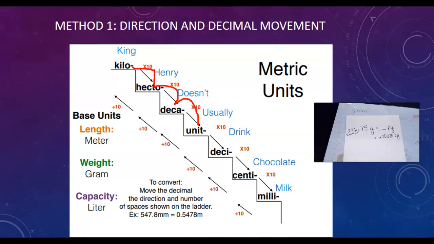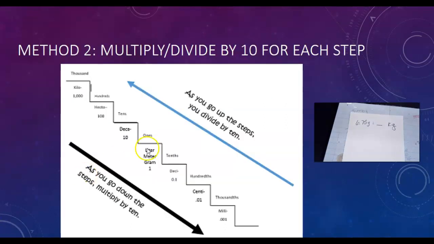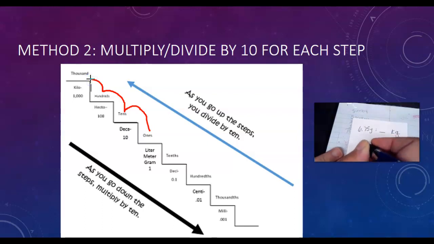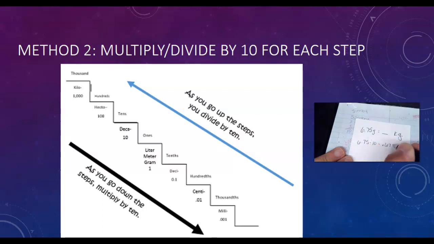If we're using method 2, we would start with our base unit. We know that we're going up 3 steps, and we're going up, so we're going to divide. So 1, 2, 3. We would take this number and divide it by 10 3 times. So 6.75 divided by 10 equals 0.675. 0.675 divided by 10 equals 0.0675.